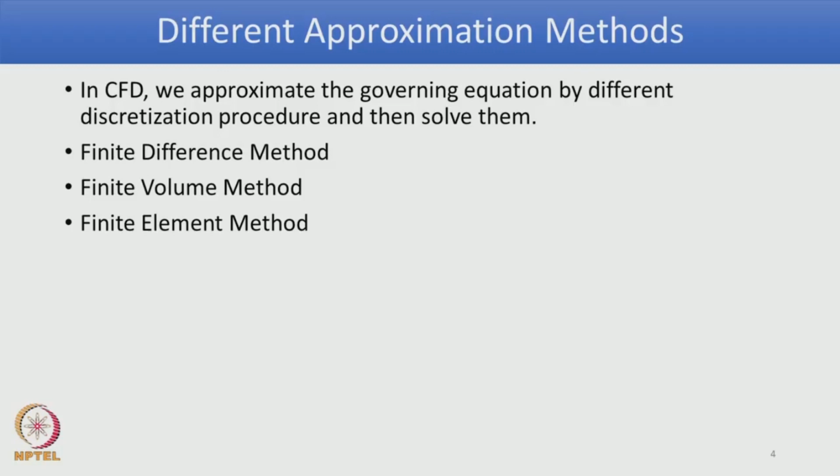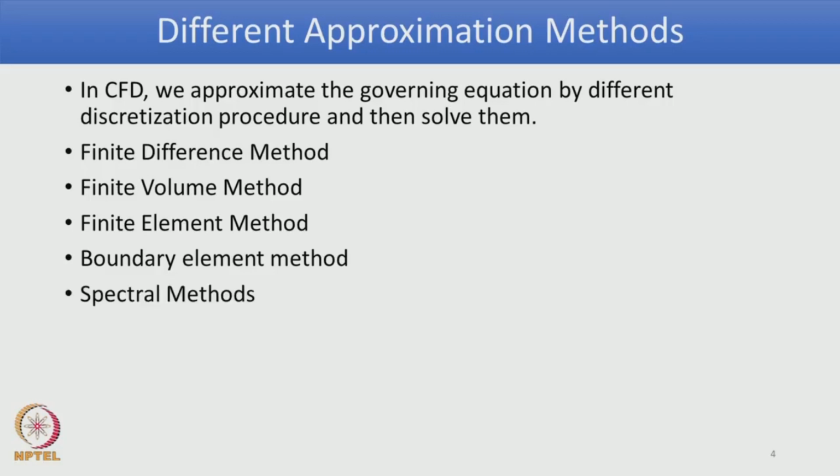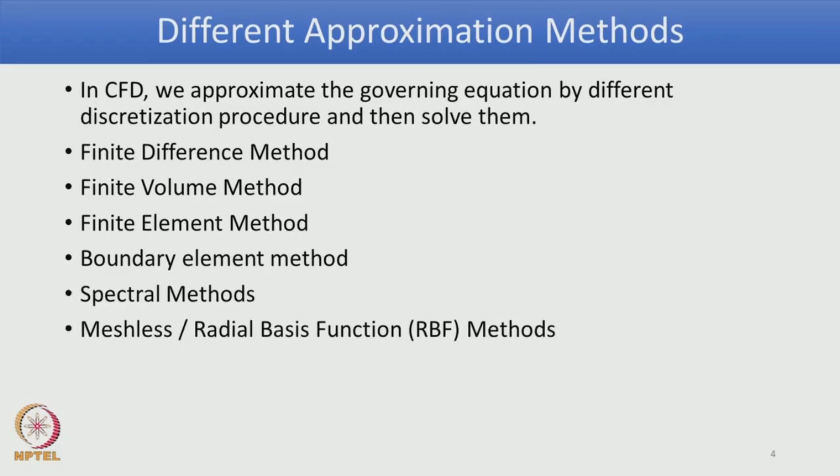These are 3 approximation methods commonly used, but there are also special methods available for special situations: boundary element method, spectral method, and there is another class of approach known as meshless method. One of them, for example, is the radial basis function method. There is also something called smooth particle hydrodynamics, SPH methods.